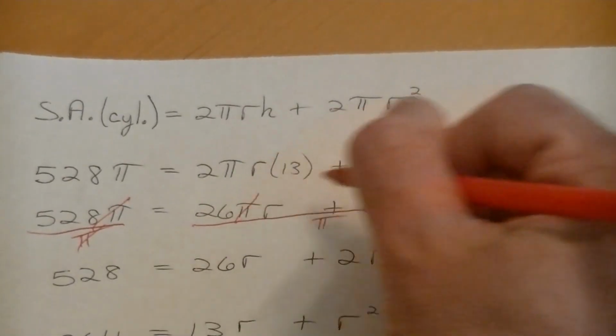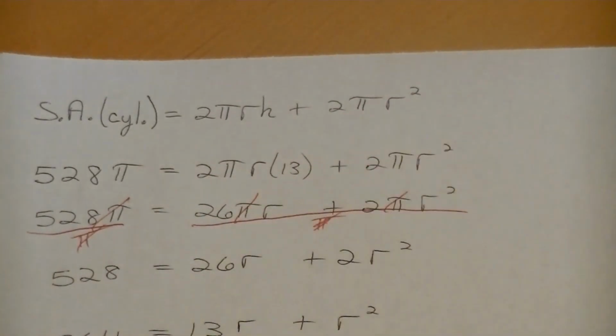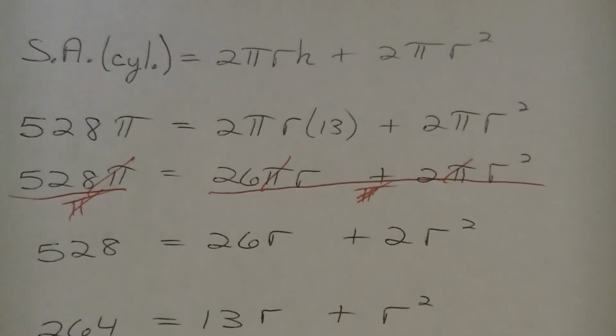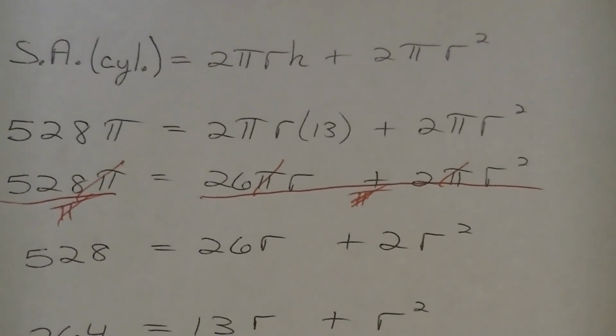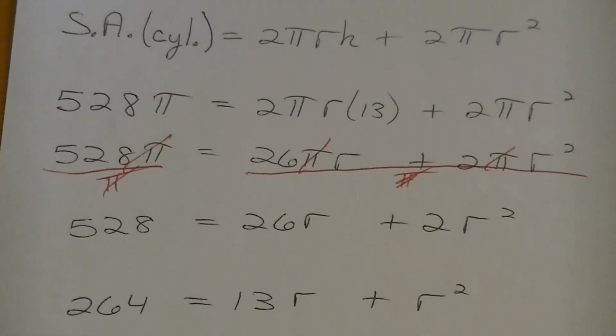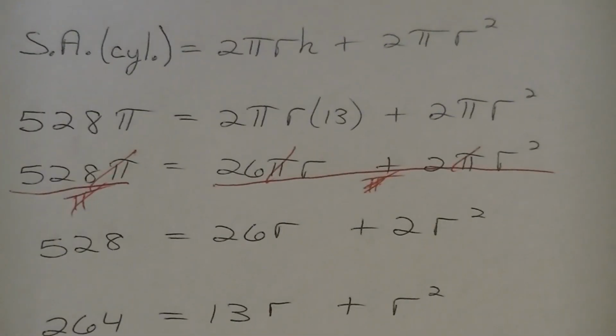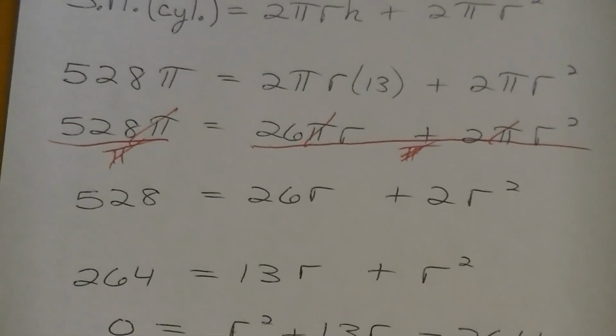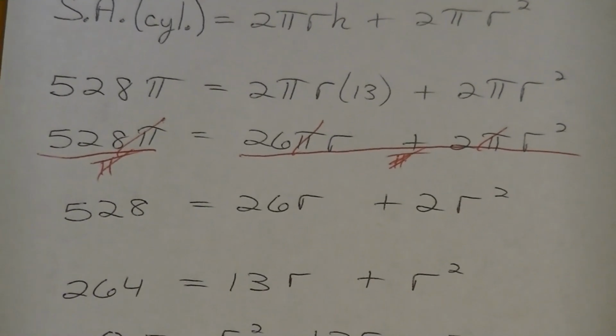These cancel, and that pi cancels with that pi. So now I've got 528 equals 26r plus 2r squared. I also noticed there's a common factor here of 2. I could divide both sides by 2 if I want to. Just get some smaller numbers to work with. So that got me this equation. 264 equals 13r plus r squared.